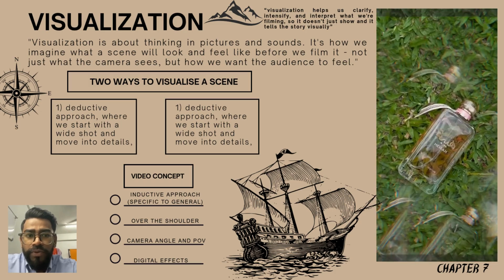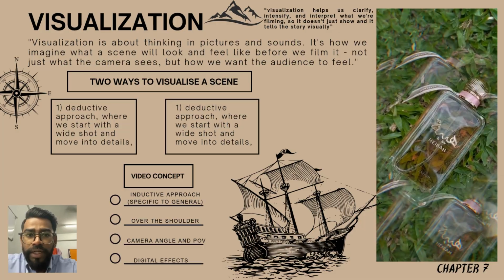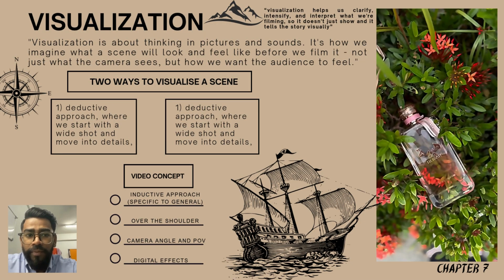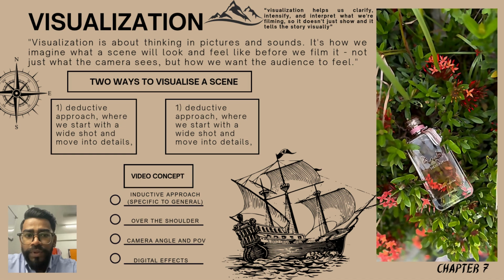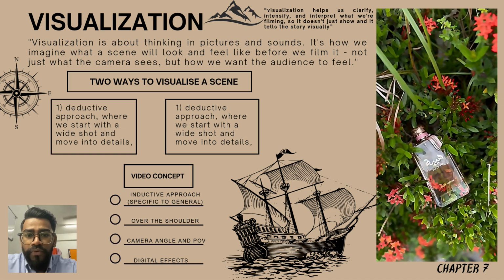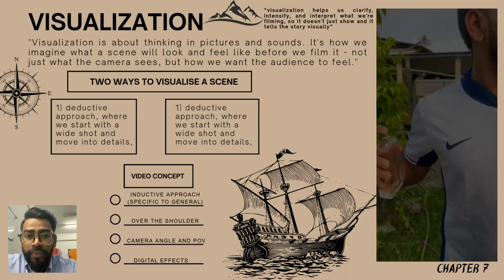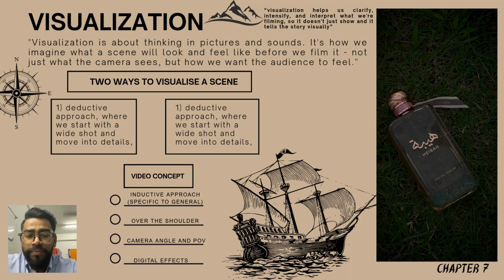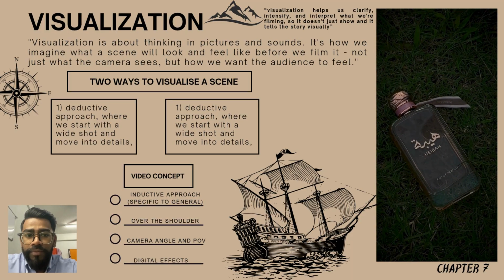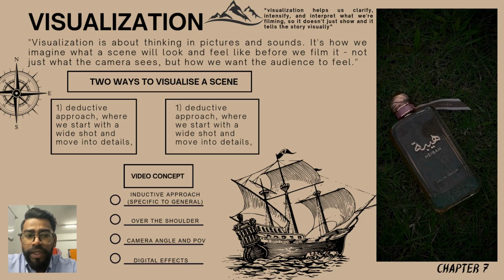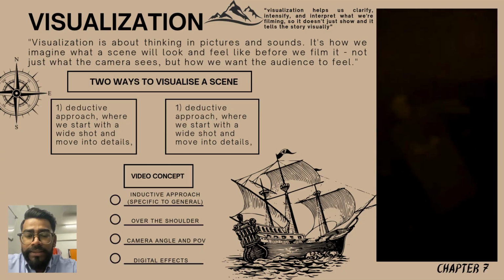There are two main ways to visualize a scene. The first one is the deductive approach, where we start with a wide shot and move into details, and the second one is the inductive approach, which we begin with a close-up and build the story. We also can choose how we look at the scene.